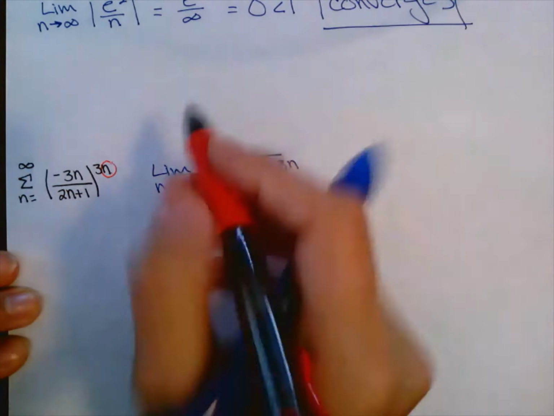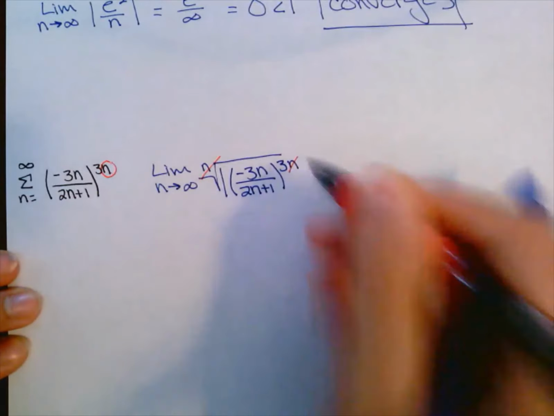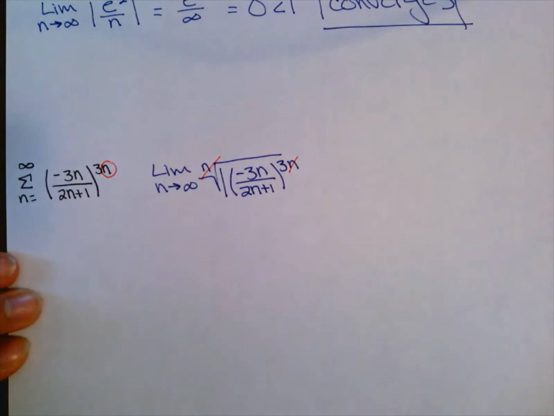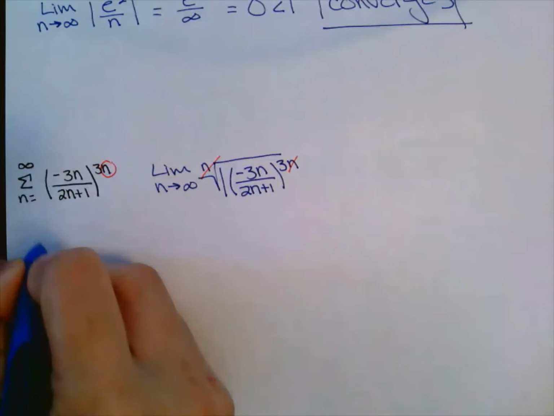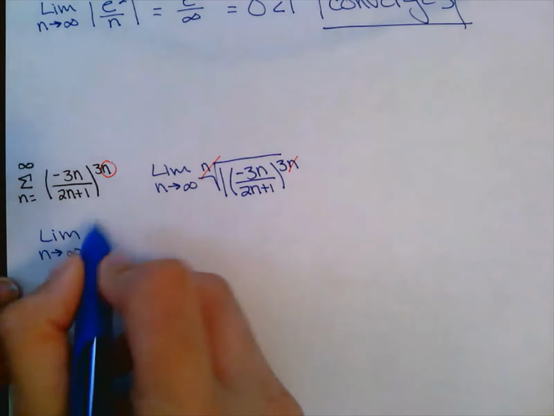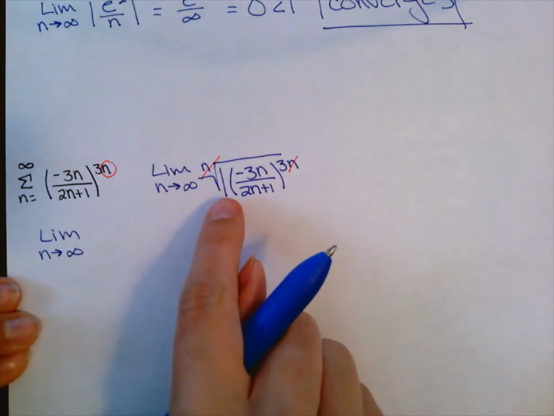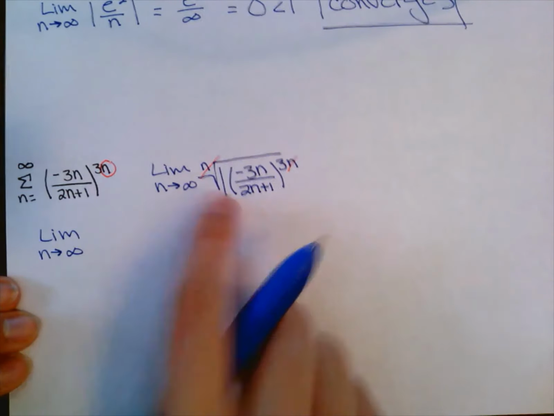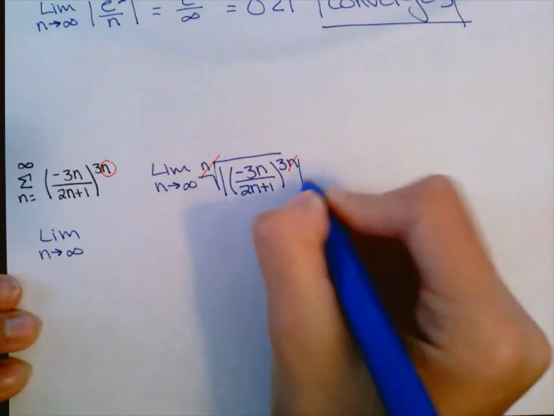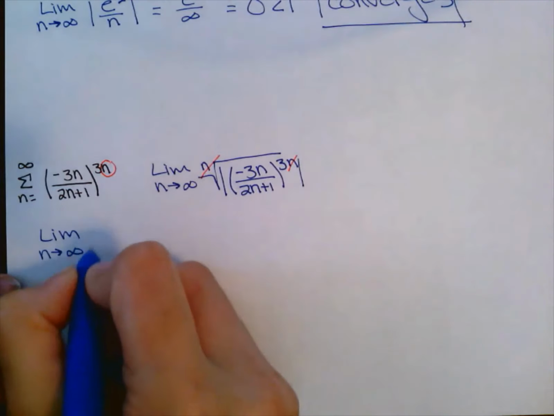Okay, that nth root and that n exponent are going to cancel, and that 3 belongs to both the numerator and the denominator. So let's rewrite it. Now you can leave the absolute value there for now, or you can already take into account what that cubed and that negative is going to do. I like to leave it to the end.